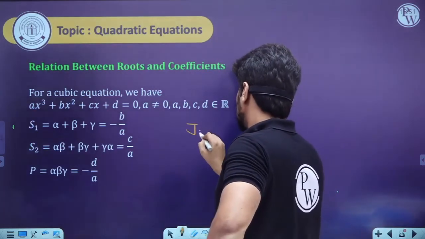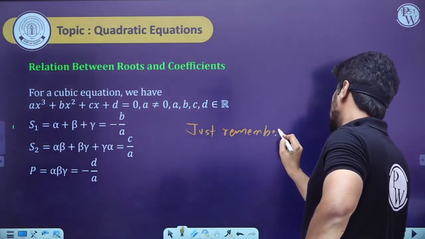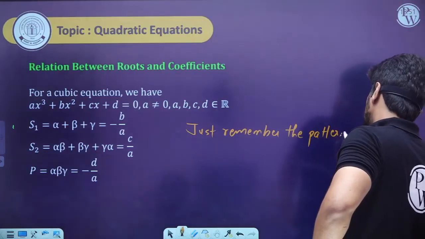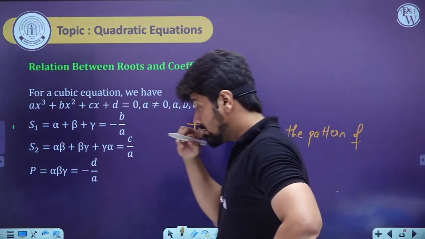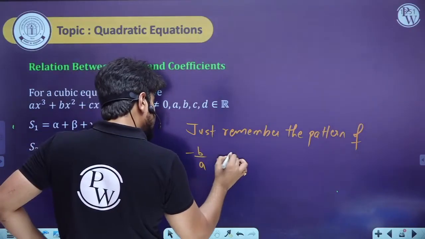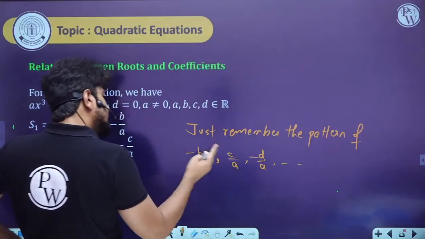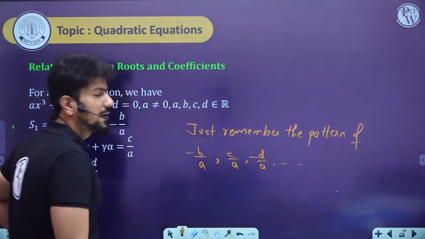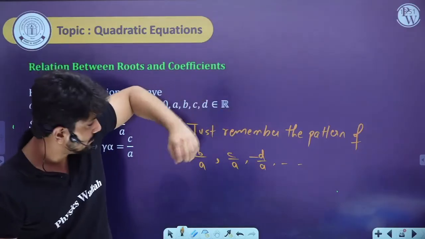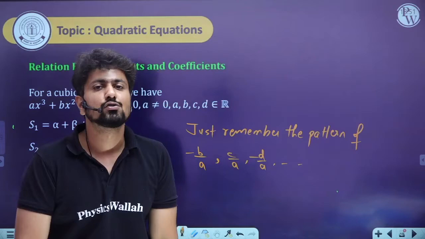Just remember the pattern of minus b by a, plus c by a, minus d by a, plus, minus, plus. This is sum of roots taken one at a time, sum of roots taken two at a time, sum of roots taken three at a time, sum of roots taken four at a time, and so on.